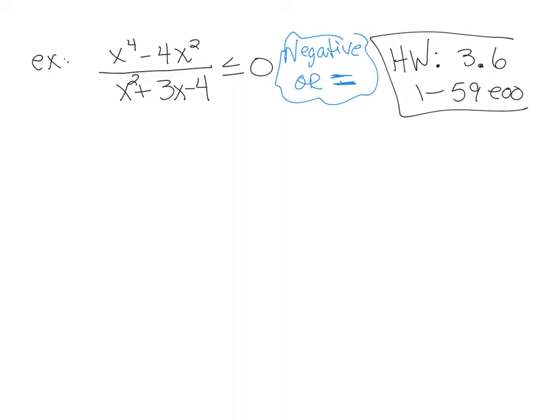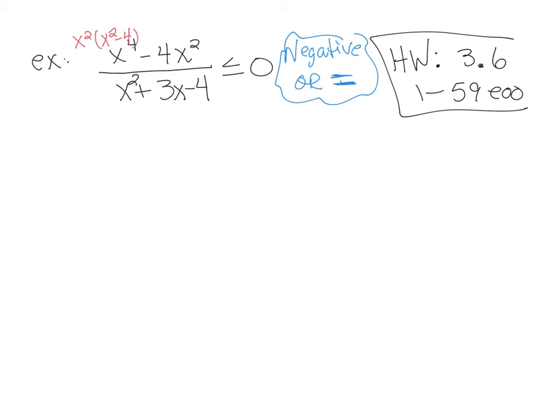And this can get a little bit complicated because I've got some serious factoring issues going on. So the first thing I'm going to do is factor the top and the bottom. Notice on the top that I can factor out an x squared first, which leaves me with x squared minus 4, which is itself factorable.